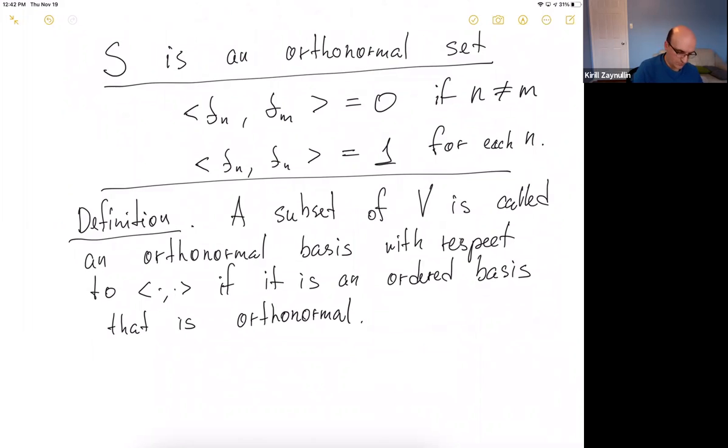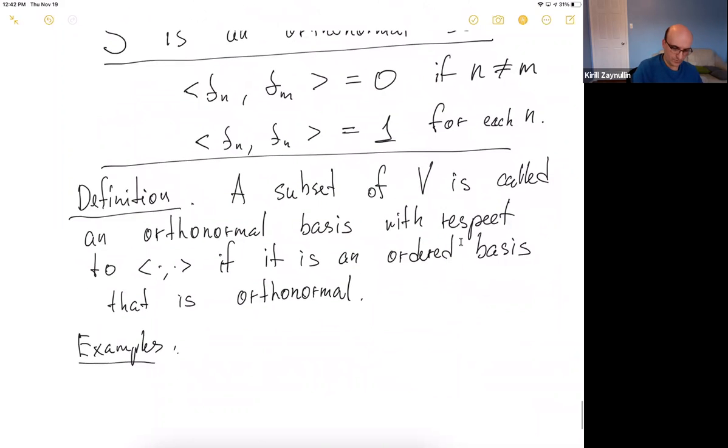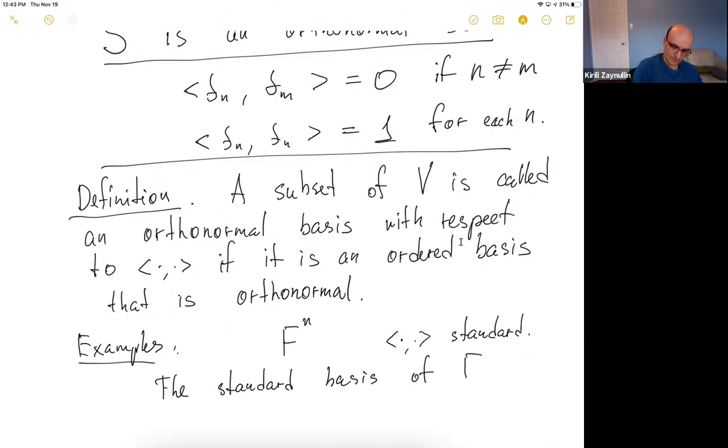Let me mention a bunch of examples. First of all, you can look at F^n, where F is either R or C, and you can just look at the standard inner product. Then we can choose the standard basis of F^n, the one that consists of zeros and ones.